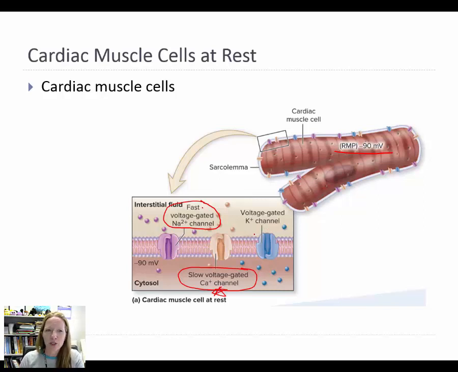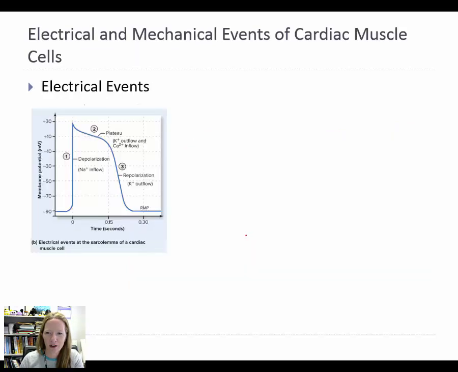All right, so let's take a look at our nice little action potential that's going to occur here in the sarcolemma. We always, remember, start with depolarization right here. It's going to be similar to what you see in skeletal muscle, in that it's going to depend on sodium. Now see how this is different from what we saw in the nodal cells? Remember, in nodal cells, once it reached threshold, depolarization occurred because of calcium channels.